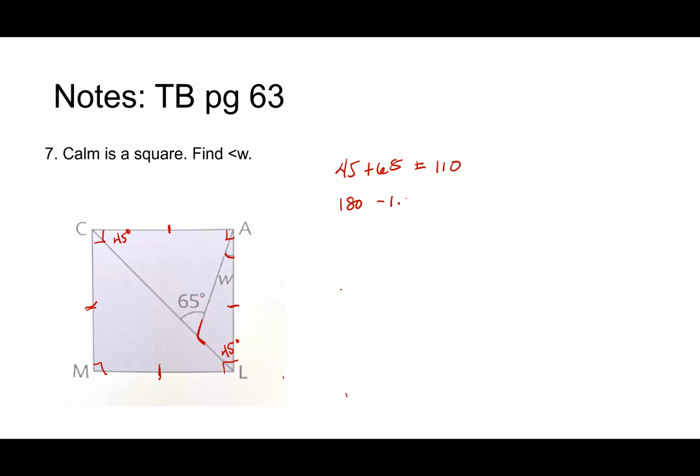Okay, so hang on. We got 70 degrees right here. And then you did 90 minus 70 and you got 20. And then just to finish it off, the measure of angle W equals 20 degrees. Very well done. Good job. Okay. And does everybody understand that?